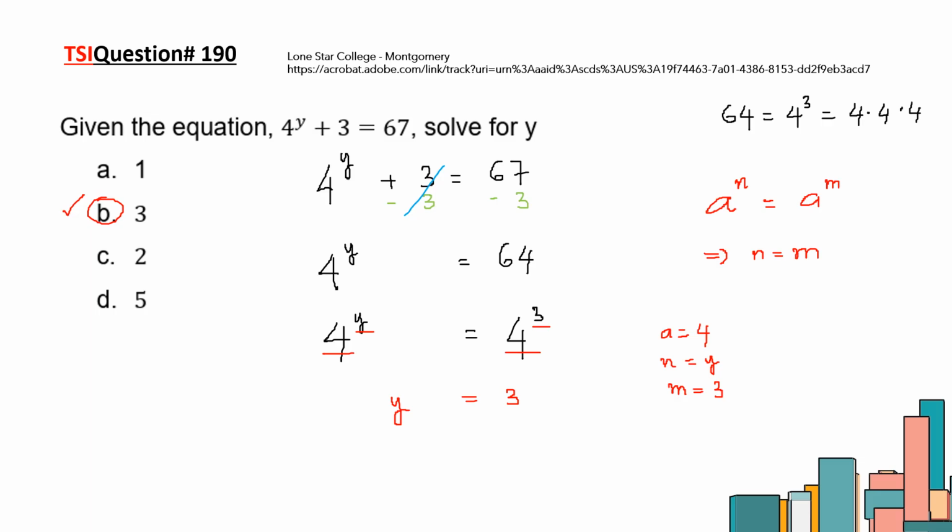We can also do ln on both sides. So let's say if you like to do ln on both sides, we can do ln of 4 to the power of y equals ln of 64.